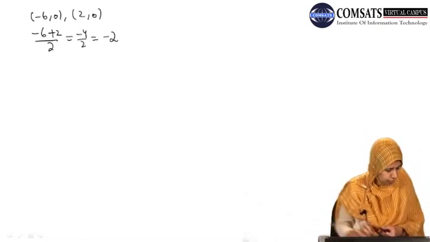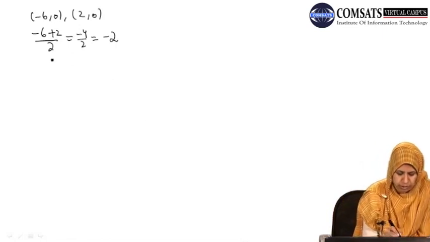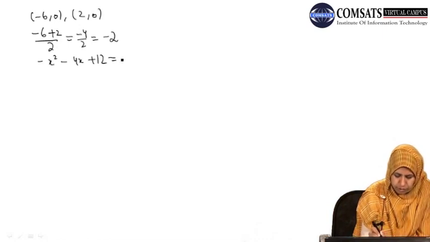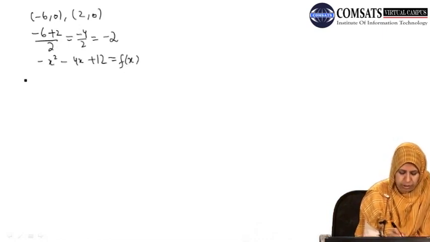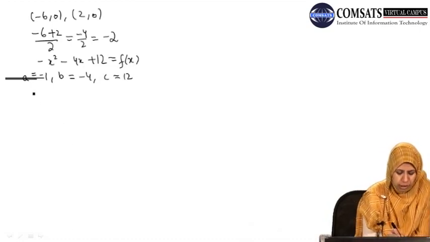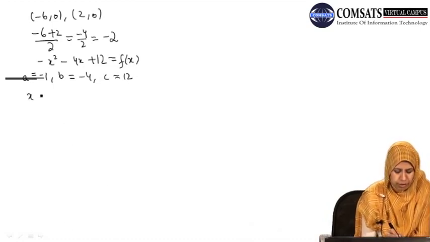Okay, our given equation was minus x square minus 4x plus 12 equals function of x, with a equals to minus 1, b equals to minus 4, c equals to 12, and by using the formula, what would be the x-coordinate?